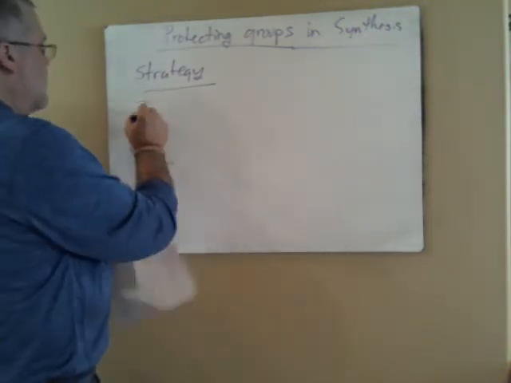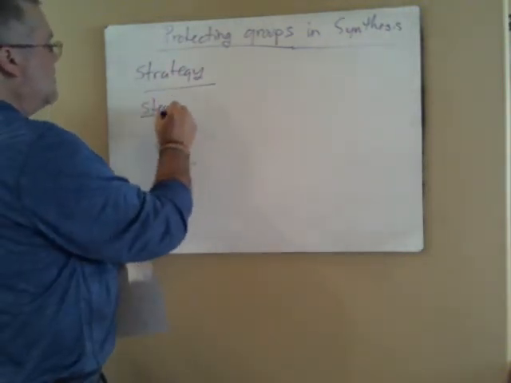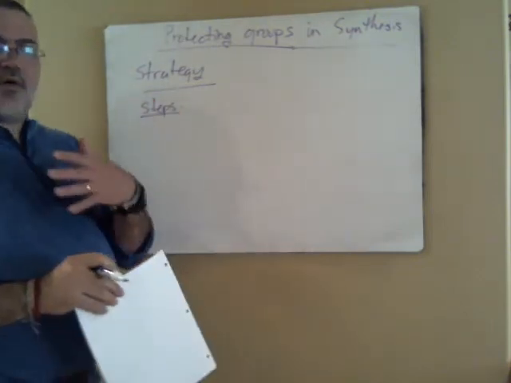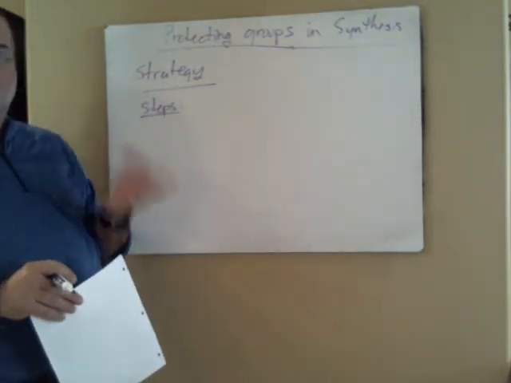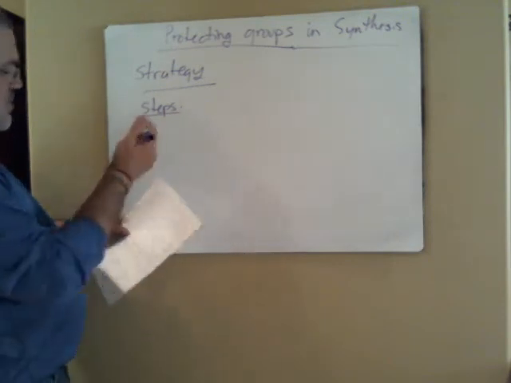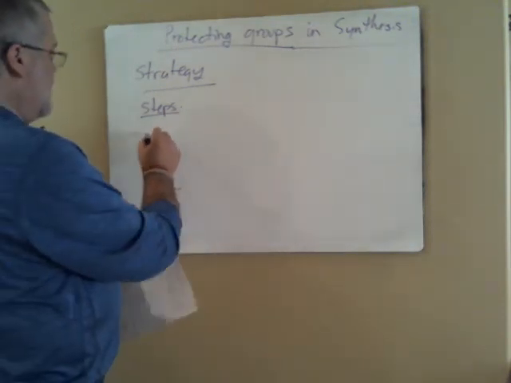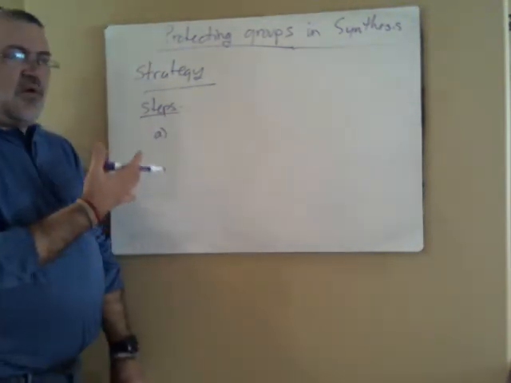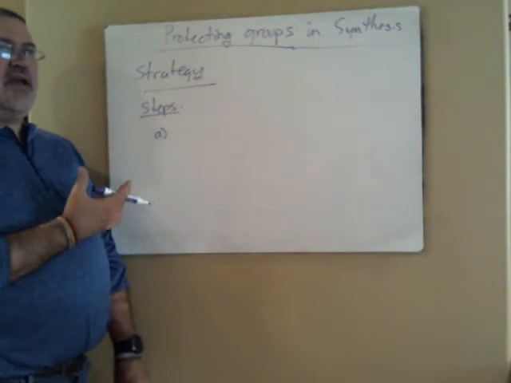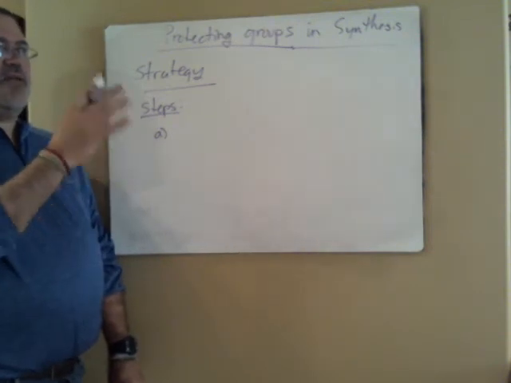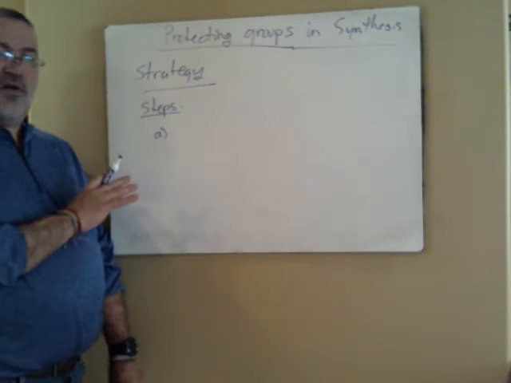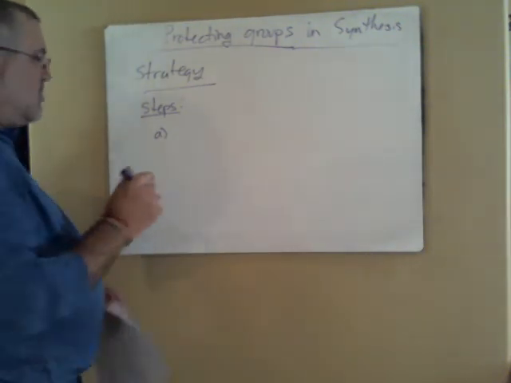So the first thing we want to do, and we'll talk about this in steps, and we'll work through this logically because I think that's the best way to do it. So the first thing you want to do if you're wanting to protect a functionality is you need to have something that will react with the alcohol and not anything else on the molecule.